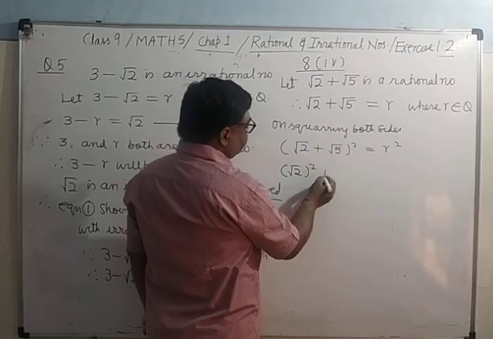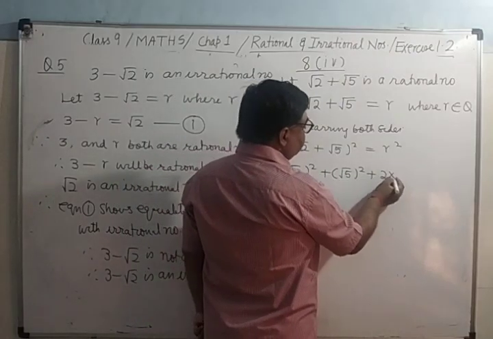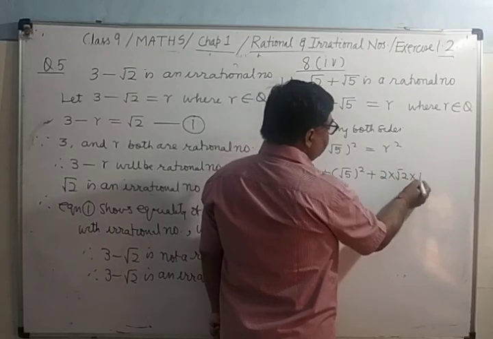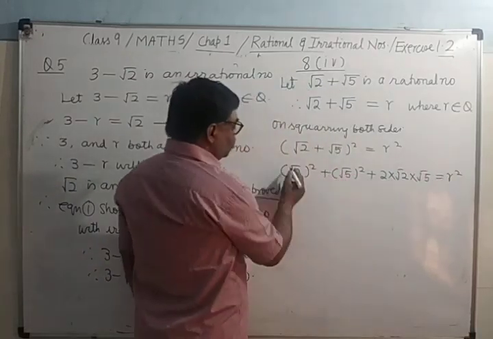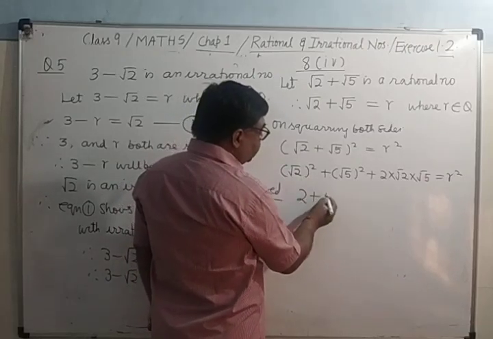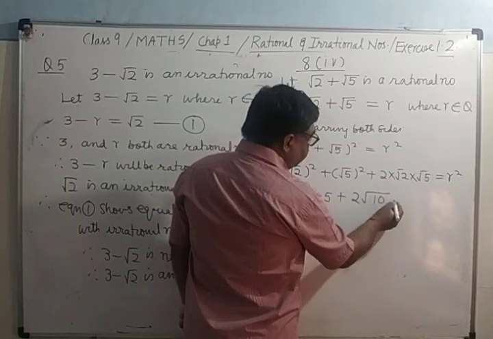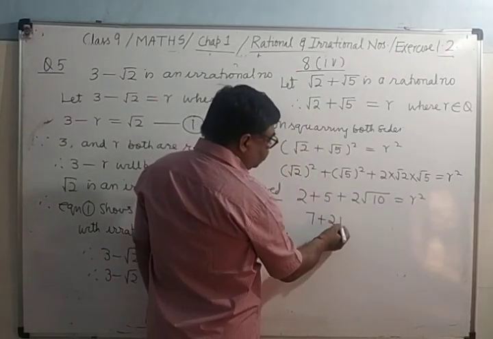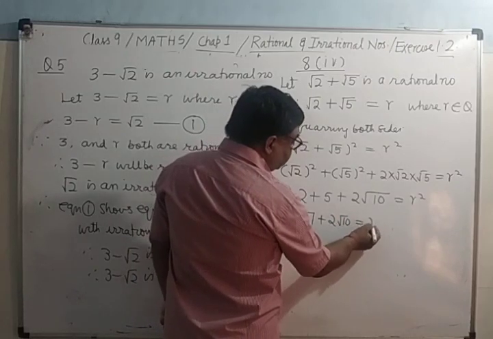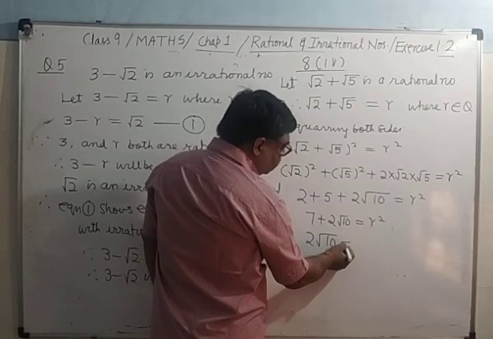Root 2 whole square plus root 5 whole square plus 2 into root 2 into root 5 equals r square. So root 2 whole square is 2, plus 5, plus 2 root 10 equals r square. So 7 plus 2 root 10 equals r square.